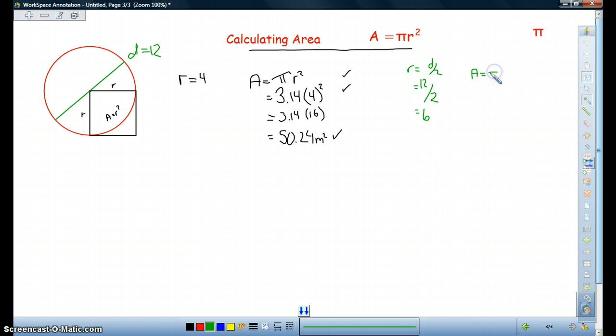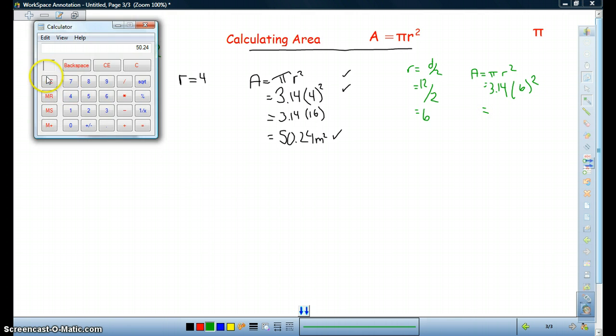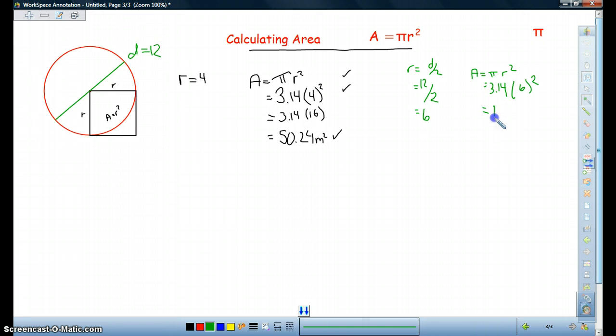is pi r squared. Area is 3.14 times 6 squared. So I'm going to go right to the calculator on that one, and I have 3.14 times 6 times 6, or I could have done times 36, 113.04.